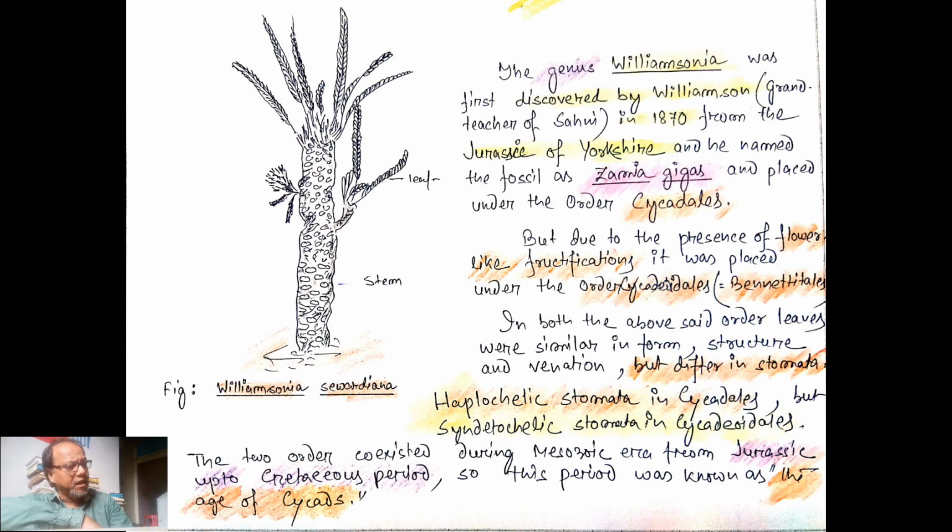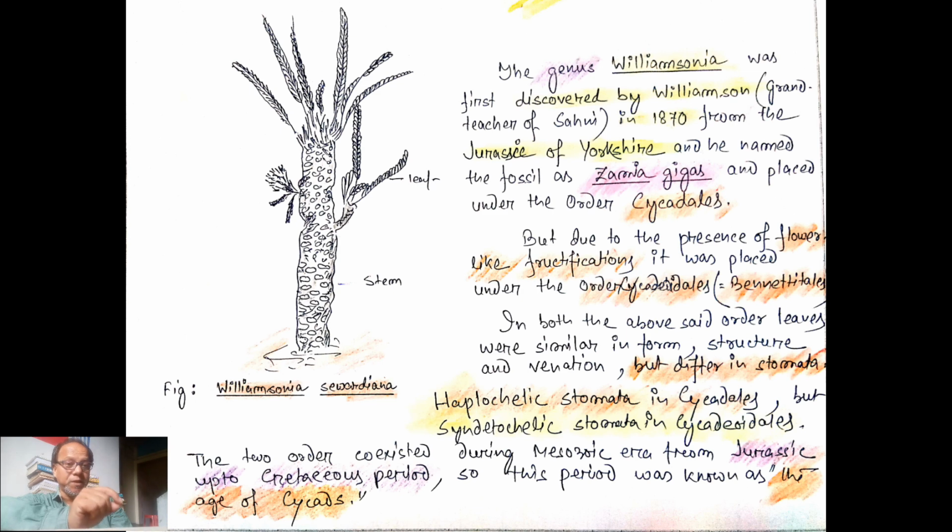What is that? They differ in stomata, that is haplocheilic stomata in Cycadales, but syndetocheilic stomata in Cycadeoidales, that is in Bennettitales, or we may say in Williamsonia the stomata are syndetocheilic.